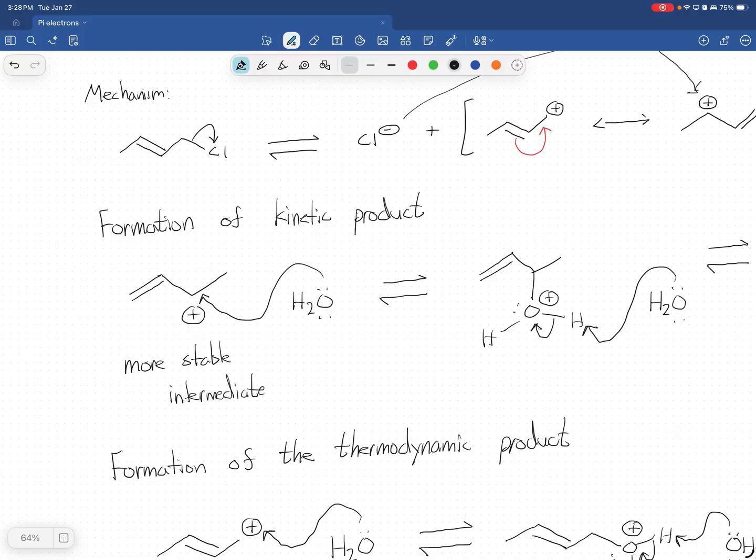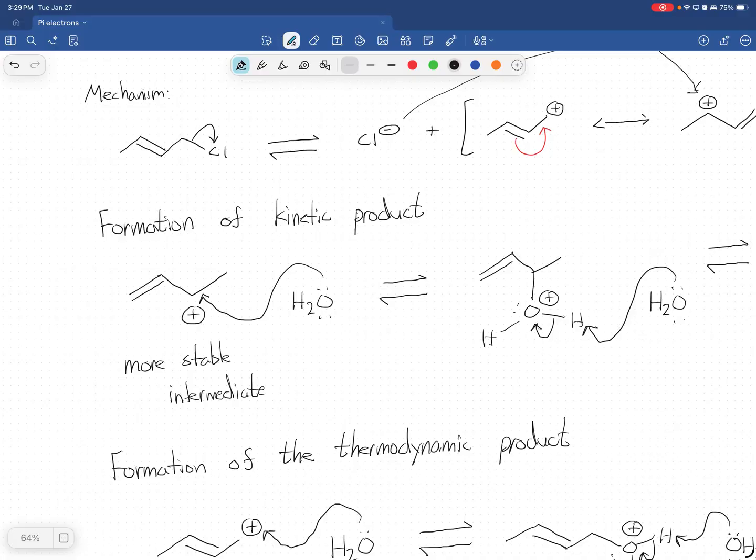Just because a product is more stable doesn't mean it's kinetically fast. It doesn't have a low activation barrier. So it depends on the energy levels of the reactants and the products. Even if something seems fast in terms of reaction kinetics, it doesn't mean it's the most stable, so it can still go backwards if you give it enough energy.